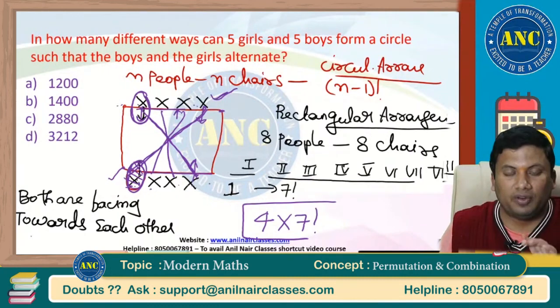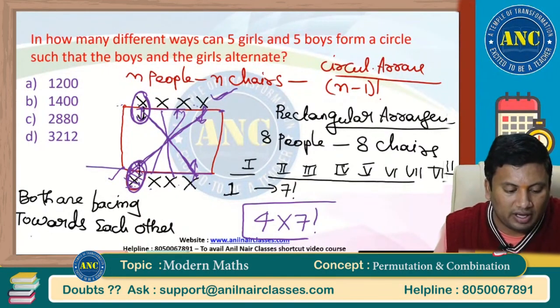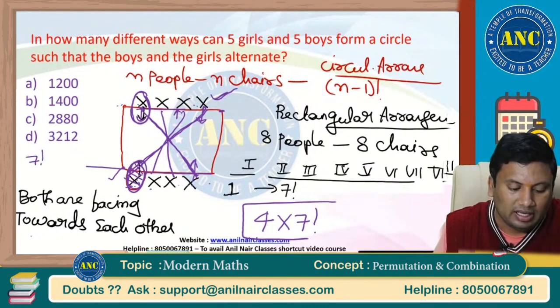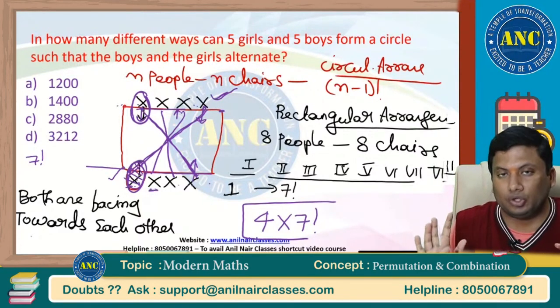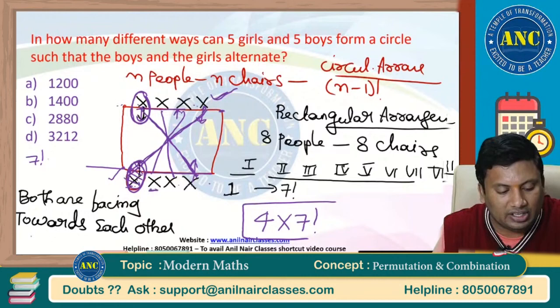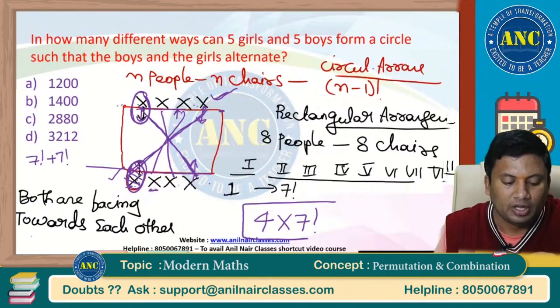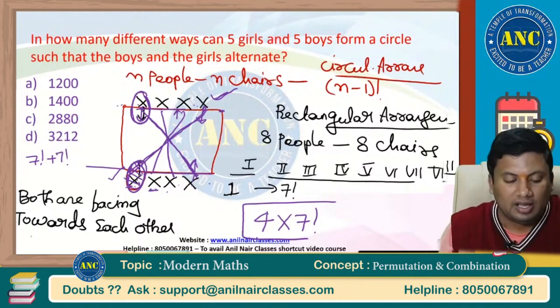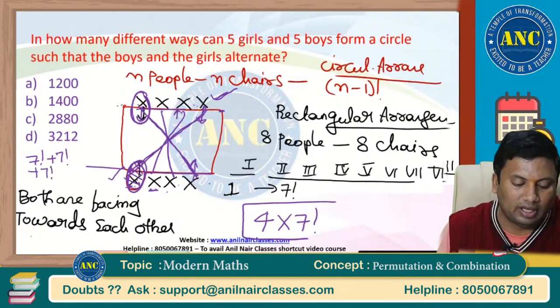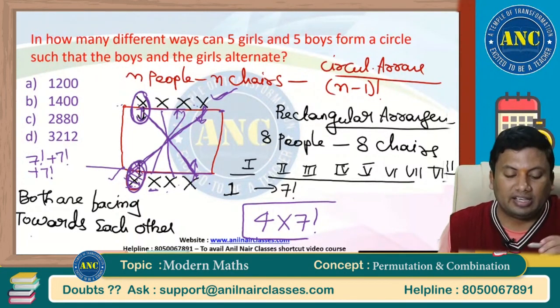This is one way. If Anil Nair sits here, left side 1 person, right side 2, that is also a different arrangement, 7 factorial. If he sits here, left side 2, right side 1, again another 7 factorial. Left side 3, right side edge, another 7 factorial.